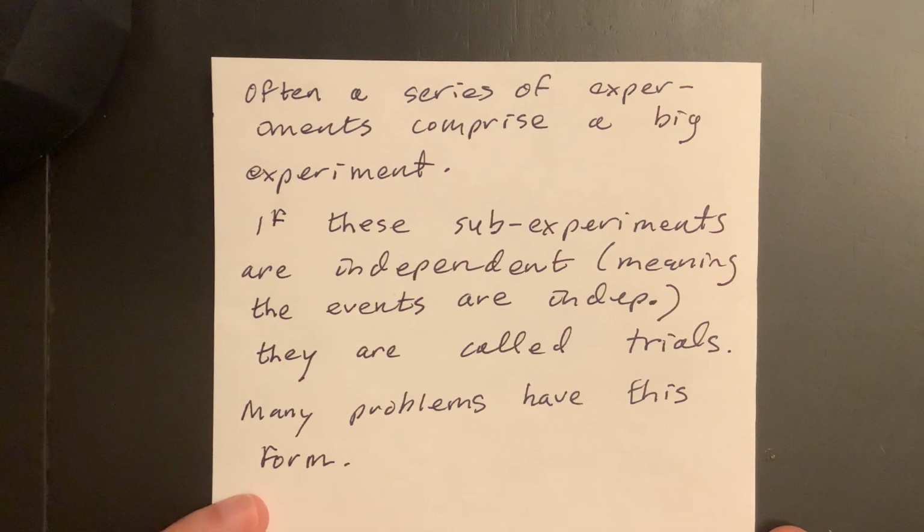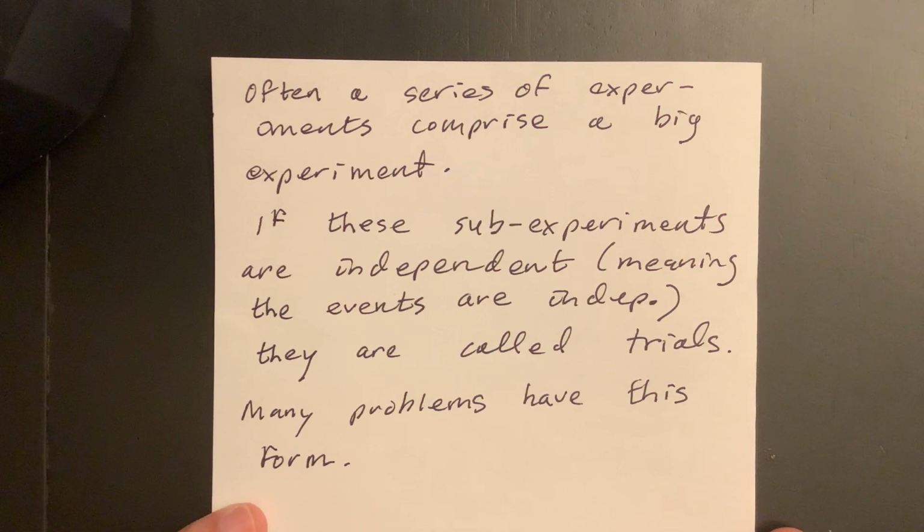If we can assume that these sub-experiments are independent, meaning that the outcome of one does not affect the outcome of another, which is certainly reasonable in many things like gambling, like say flipping a coin or playing the roulette table, then we can call the sub-experiments trials.